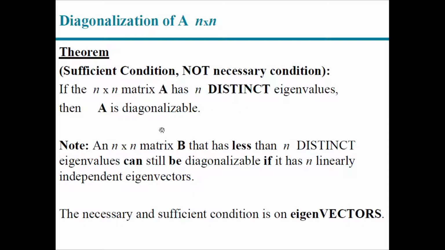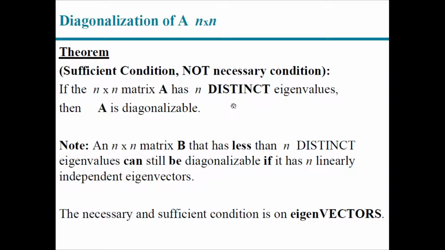Now, this means that you can still have a diagonalizable matrix even when you have less than n distinct eigenvalues. It's all about eigenvectors. Do you have n linearly independent eigenvectors? We always have n eigenvalues. Question is, do we have n linearly independent eigenvectors?